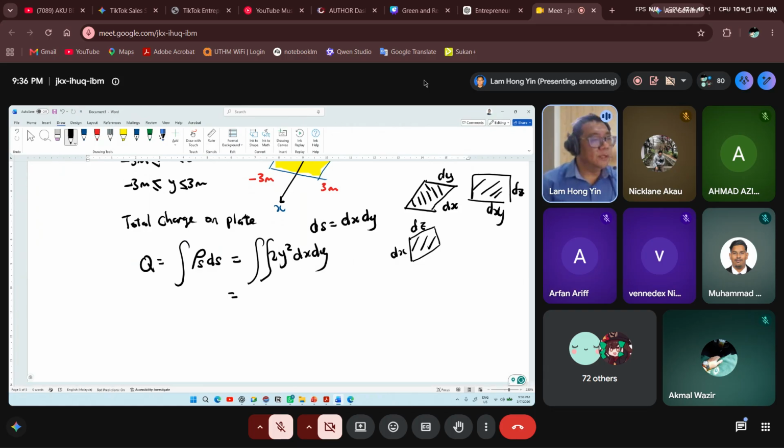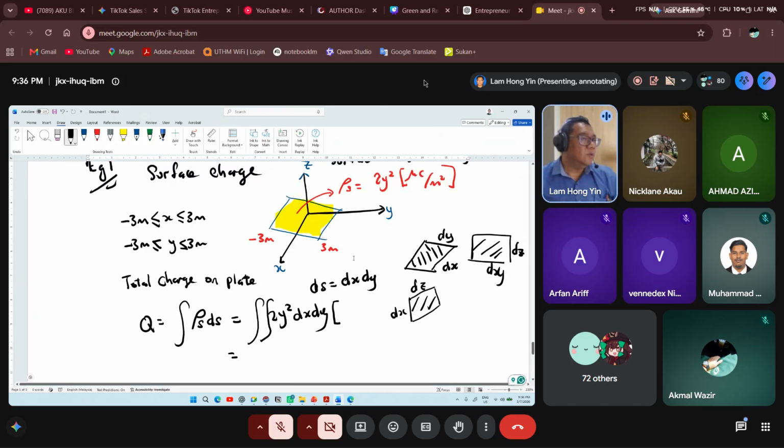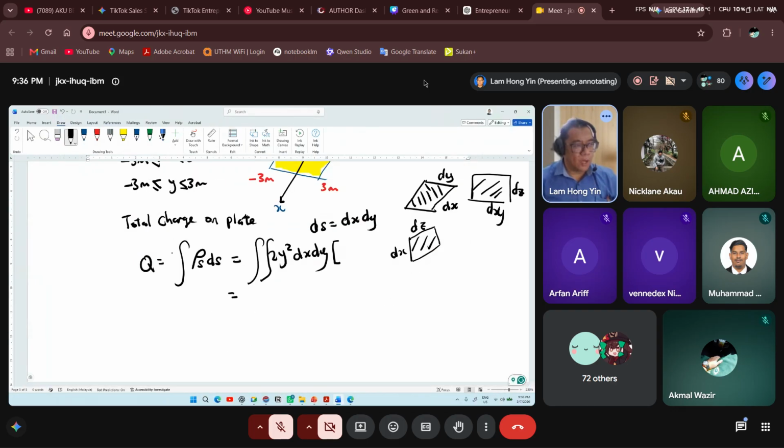And of course, don't forget about the unit. The unit for rho s just now is microcoulombs per meter square, right?